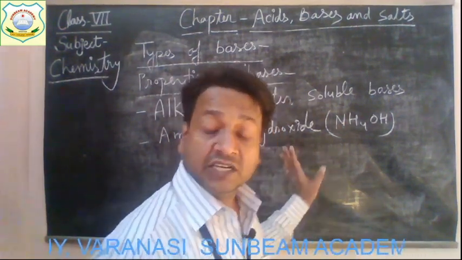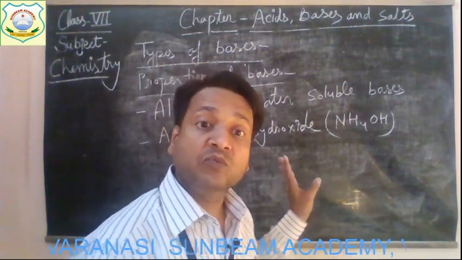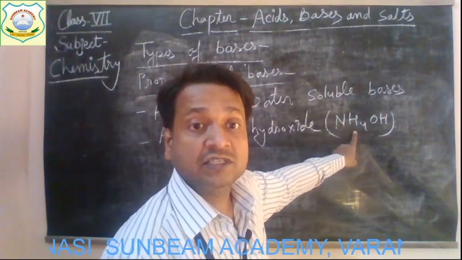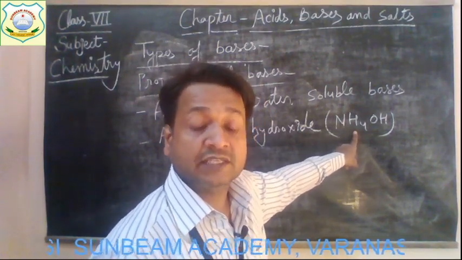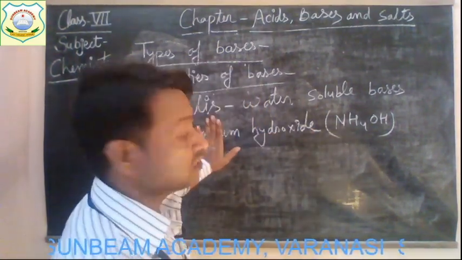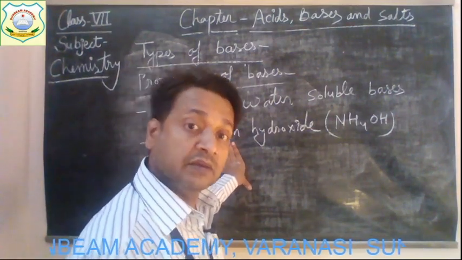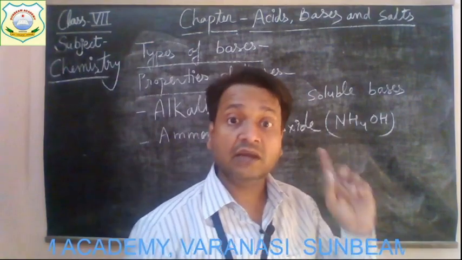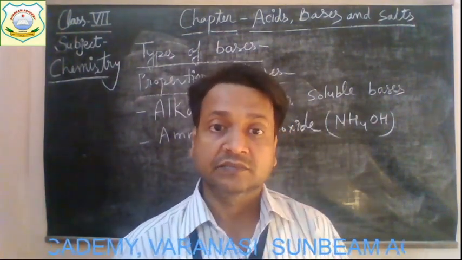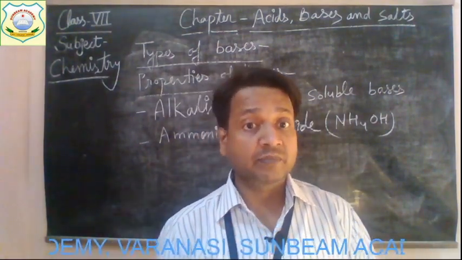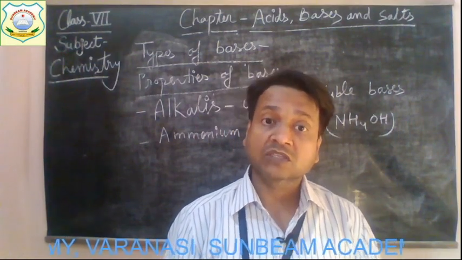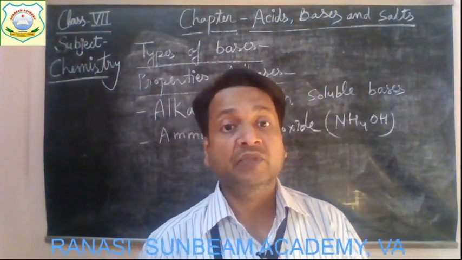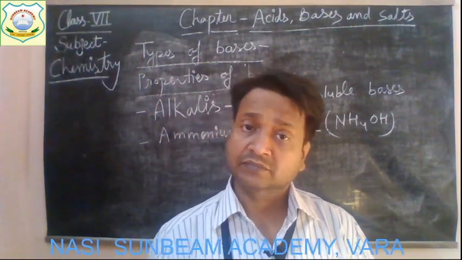And instead of a metal, it has the ammonium group in it. This NH4 is the ammonium group. So this base is not made from metals, it is made from the ammonium group, and this is the only one alkali. Got it? So children, please remember this. Ammonium hydroxide is the only base which does not have a metal atom. Got it?